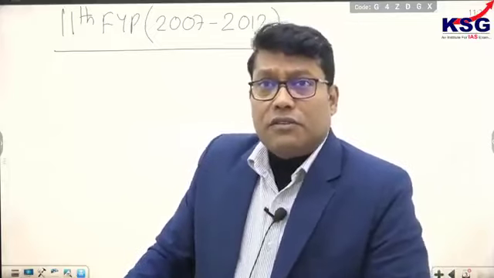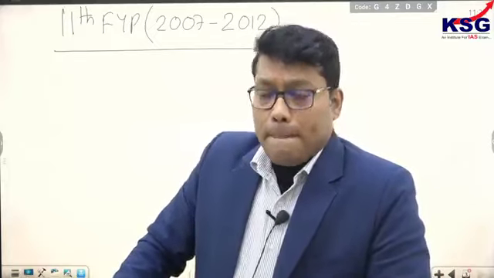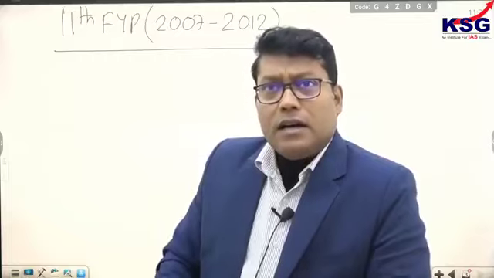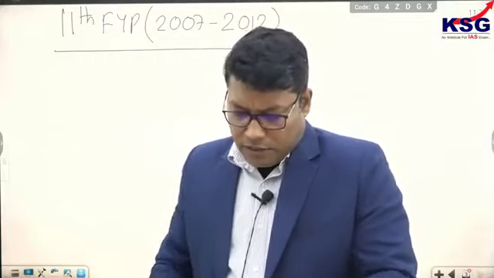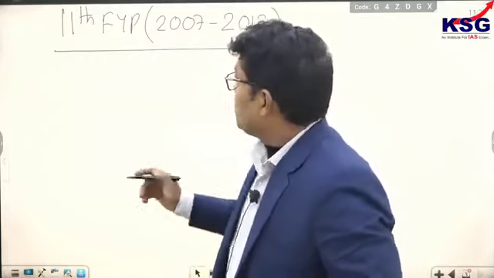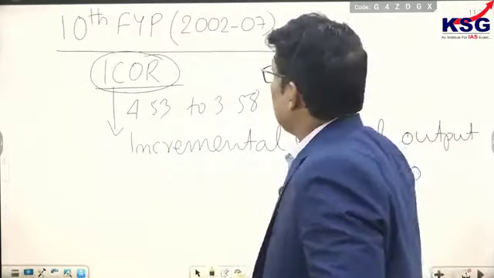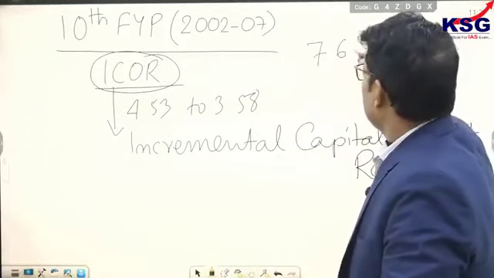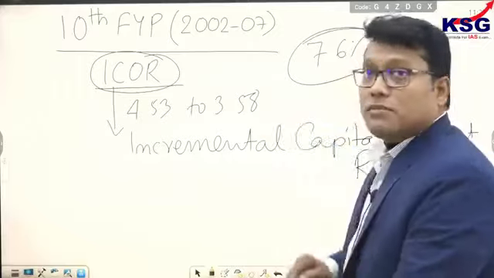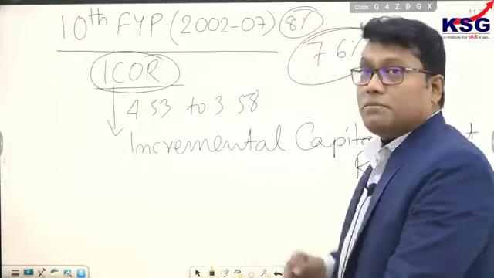Now, just think about the 11th 5-year plan. When policymakers were formulating this plan, think about the 10th 5-year plan. The average growth we achieved in the 10th 5-year plan was 7.6%, and the target was 8%.